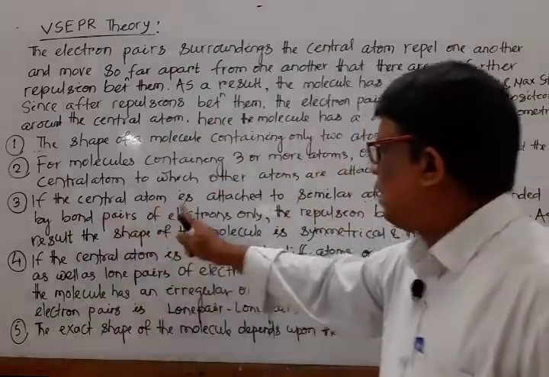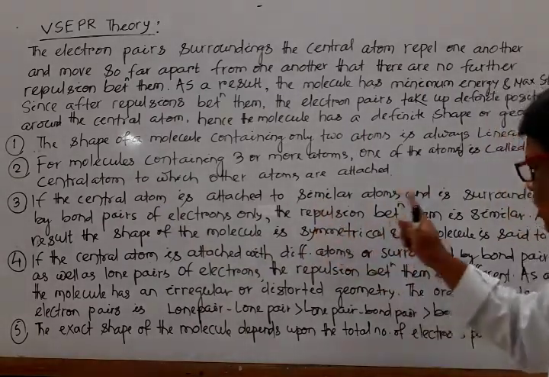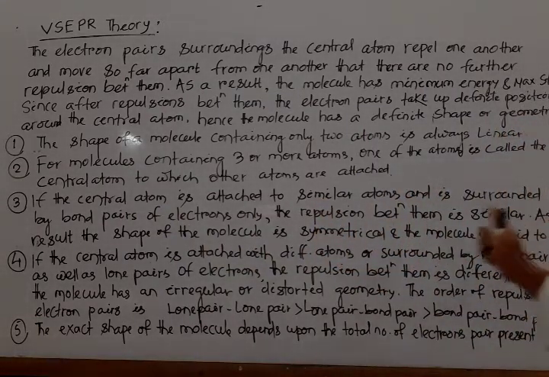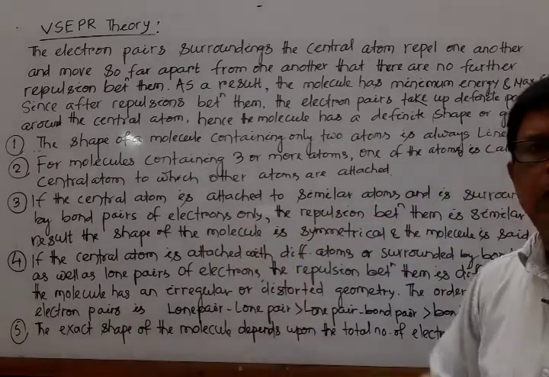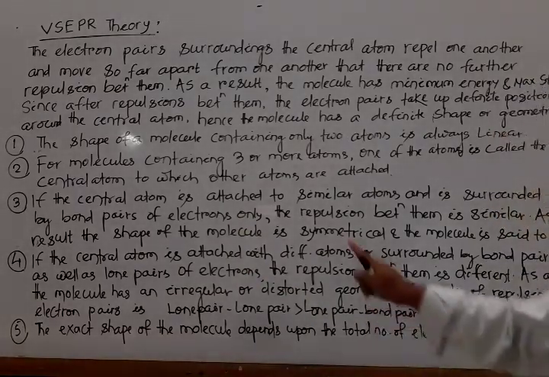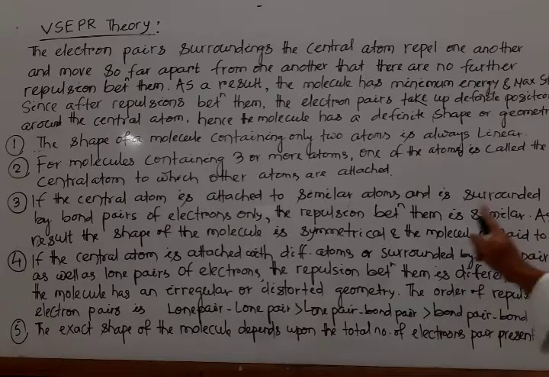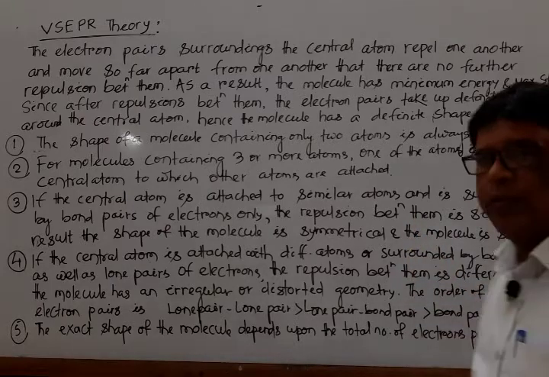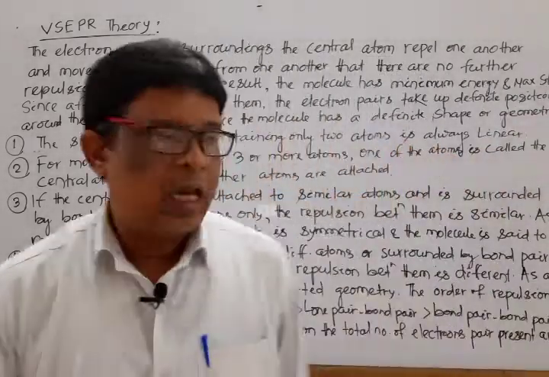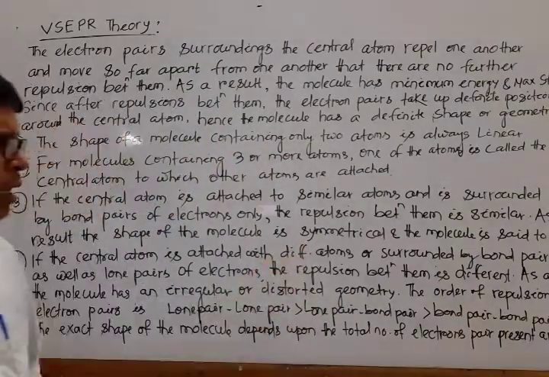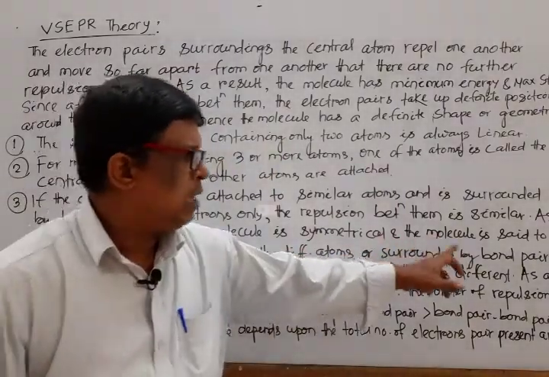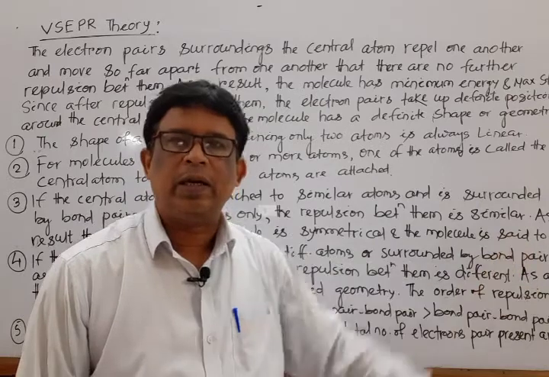If the central atom is attached to similar atoms and is surrounded by bond pair of electrons only, then the repulsion between them is similar. As a result, the shape of the molecule is symmetrical and the molecule is said to have a regular geometry.